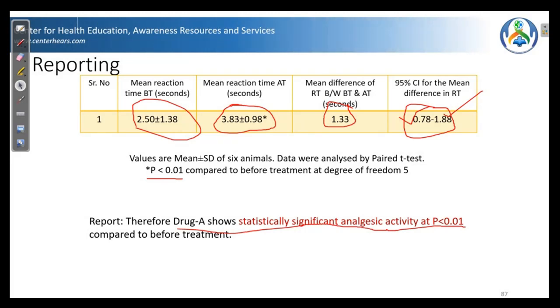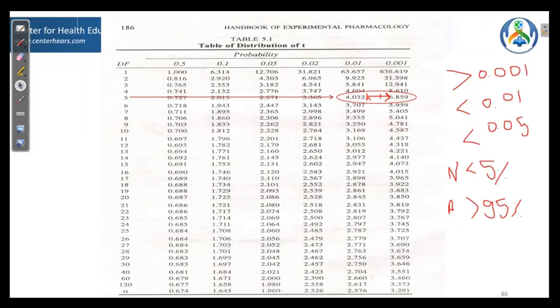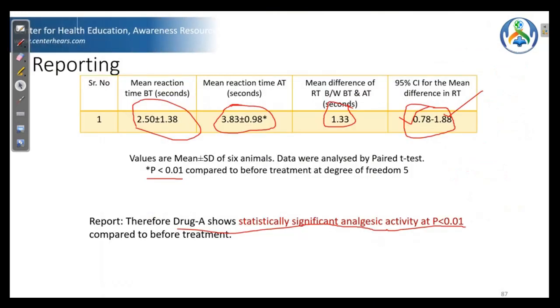So we are going to accept the alternate hypothesis in this case, because we got the value between 0.01 and 0.001, which is less than our confidence level of 0.05, that's the 5%. So the occurrence of the null hypothesis is less than 5%, so we are going to accept the alternate one. Fine. So this is the reporting part.